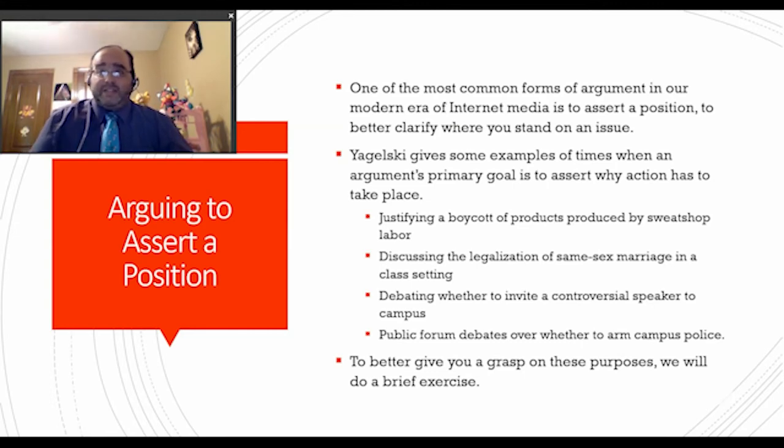Well, there are some that still don't even allow that. And there may be some debate over whether they should be armed or not. So this would be another situation where their argument's goal is to assert why action has to take place. To better give you a grasp of these purposes, I want you to do a brief exercise here.